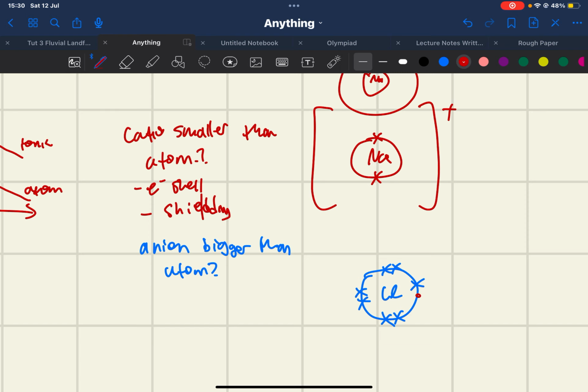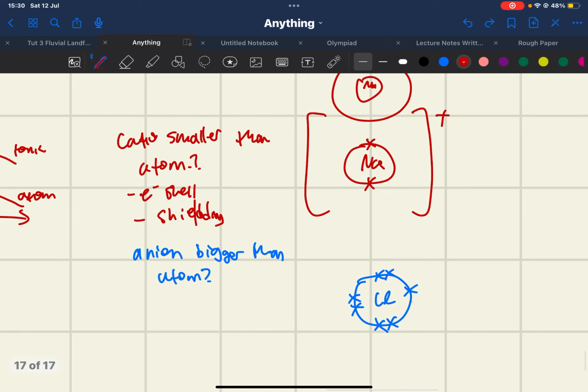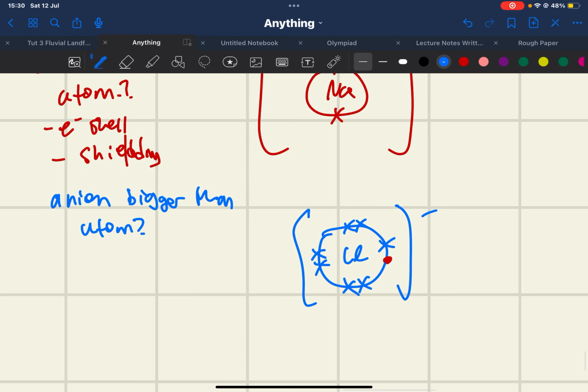Again, many people will say that it will remain the same size because the number of electron shells remains the same, right? But that explanation is not going to work. The reason being, it becomes bigger because this is the normal atom, and when I add this, it becomes an anion. So there is actually additional repulsion. Why?